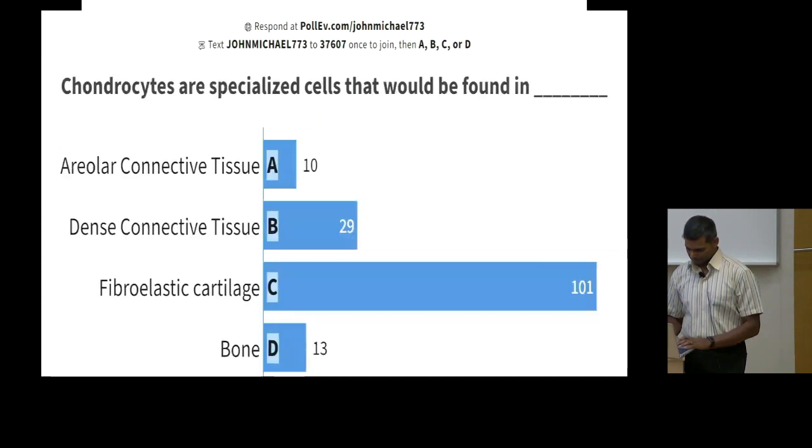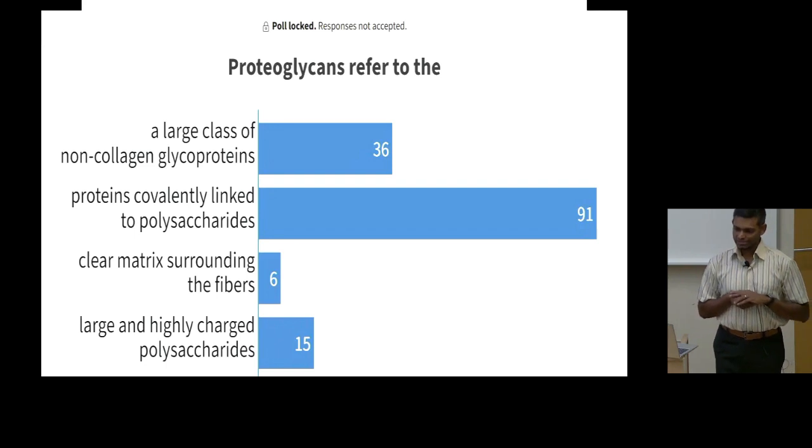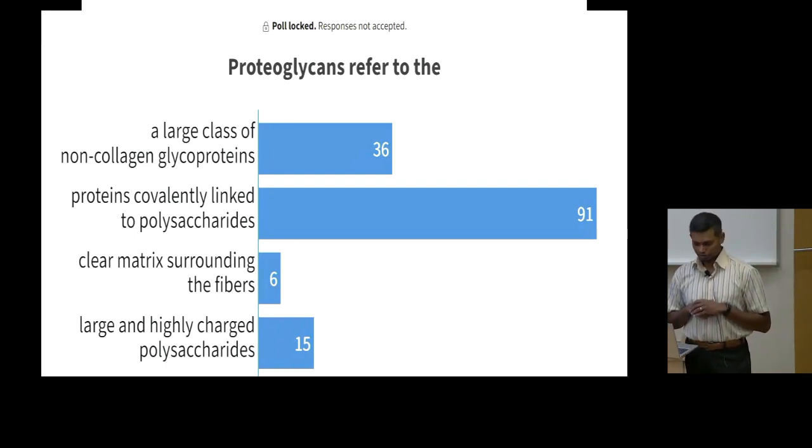Okay, this is a plain recall question and it is right. So proteoglycans refers to the proteins which are covalently linked to the polysaccharides. And notice that it is these proteoglycans which will interact with water because the polysaccharides linked to them are highly charged, and so water will interact with it and have this gel-like matrix which will form.